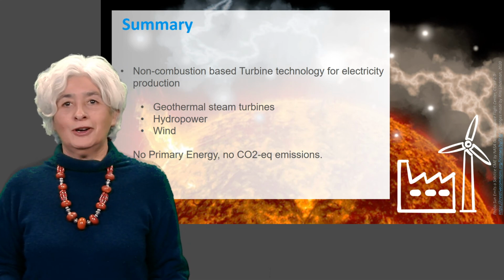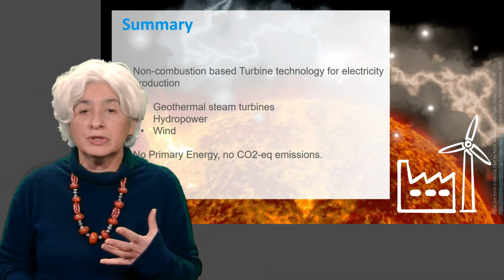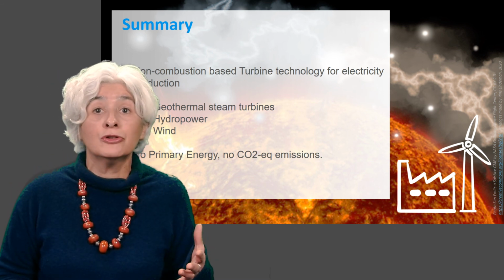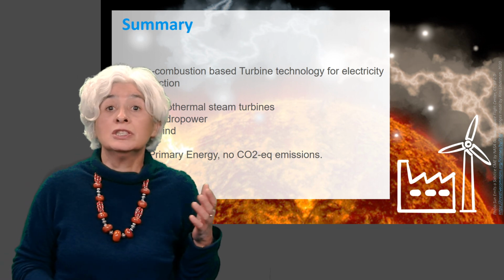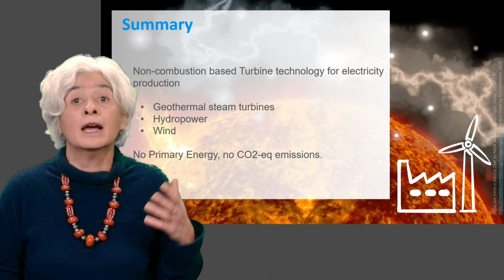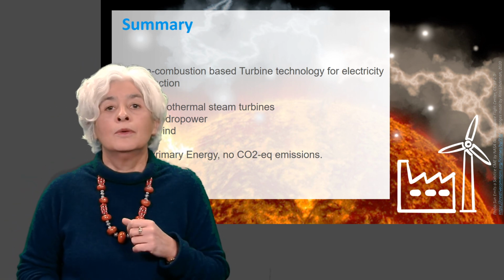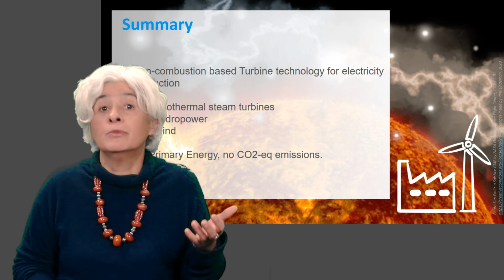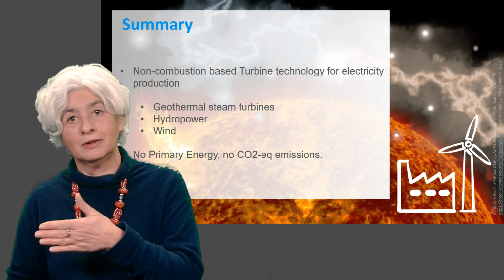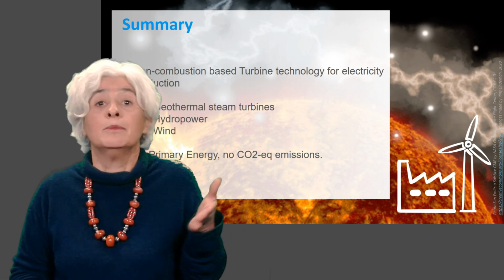In this lecture, we reviewed 3 turbine technologies aimed at producing electricity. Opposite to the conventional turbines based on fuel combustion, these ones are based on other principles. However, they are all equipped with a generator and produce alternating current. The first technology uses geothermal heat to produce steam to drive the turbine and therefore the generator. Depending on the temperature of the geothermal heat, different cycles can be applied.